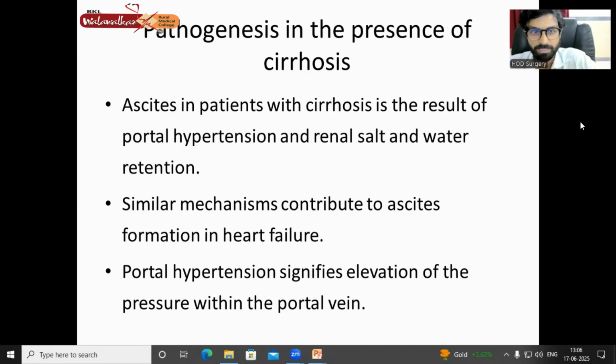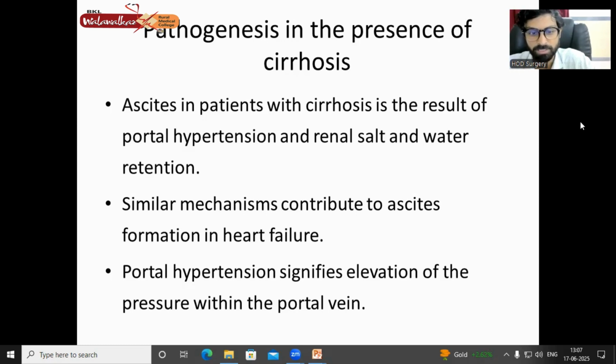First one is ascites in patients with cirrhosis is the result of portal hypertension and renal salt and water retention. These are similar mechanisms which contribute to accumulation of ascites in heart failure.